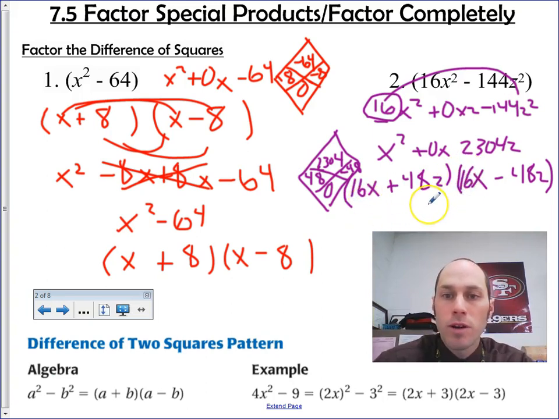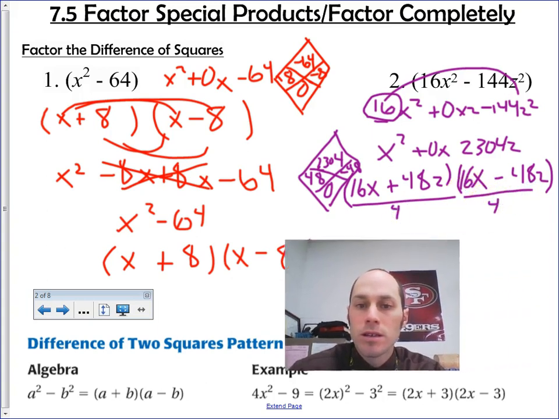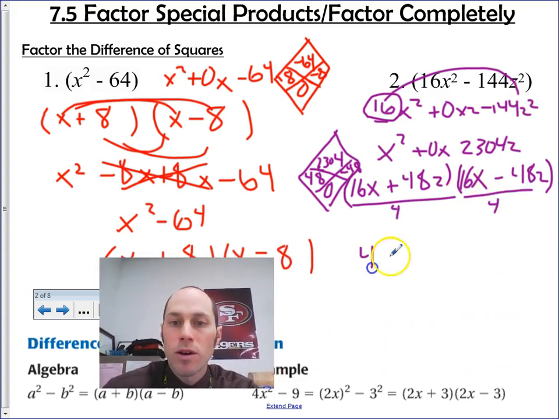Well, 16 and 48, let's see, what can I divide those by? I can divide those both by 4. So I'm left with 4x plus 12z and 4x minus 12z.